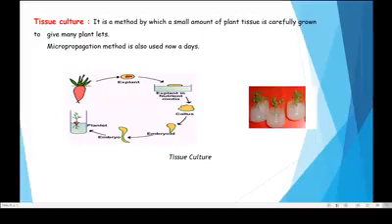The third method is tissue culture. This is the method by which a small amount of plant tissue is carefully grown to give many plantlets. This is also called micropropagation.